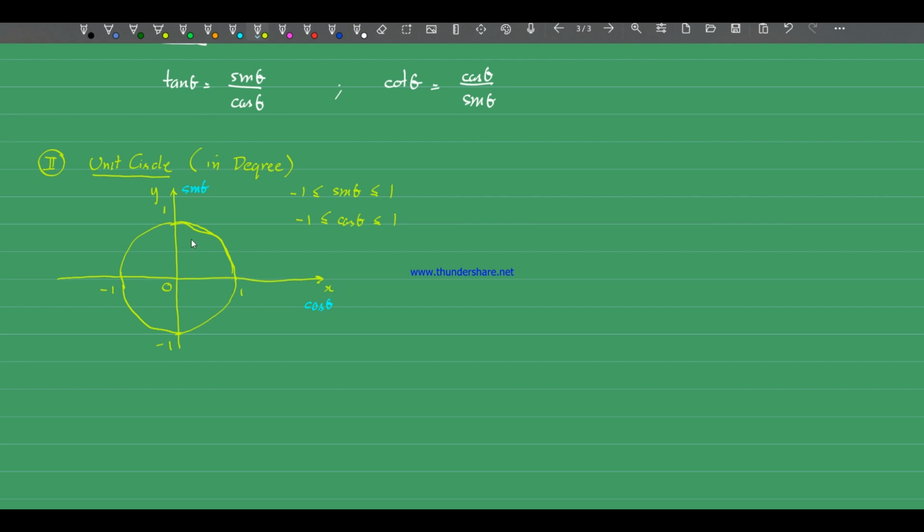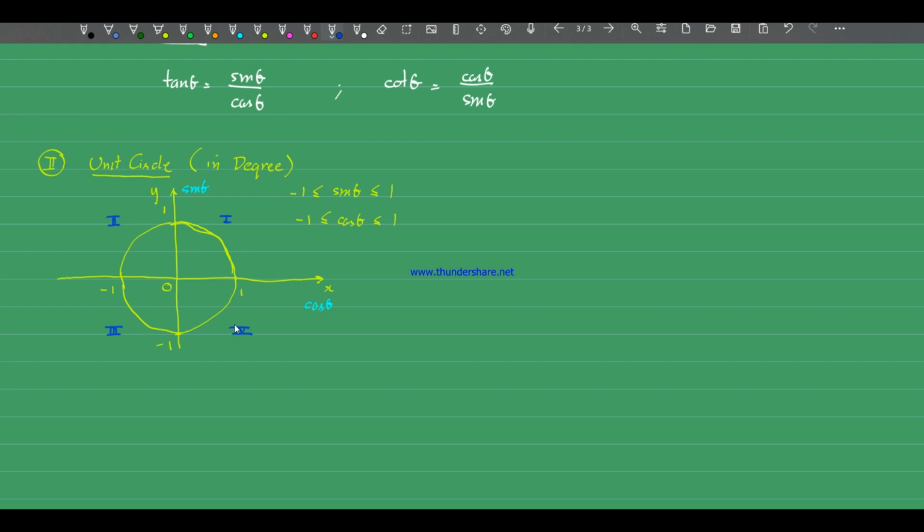Now, if you look at the first quadrant, it's quadrant number 1, quadrant number 2, quadrant number 3, and quadrant number 4. So there are 4 quadrants.